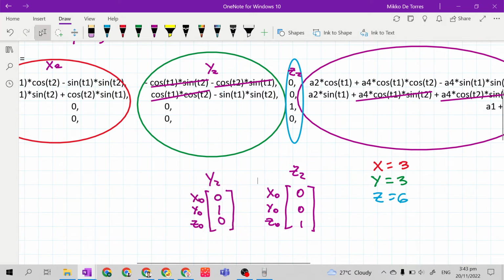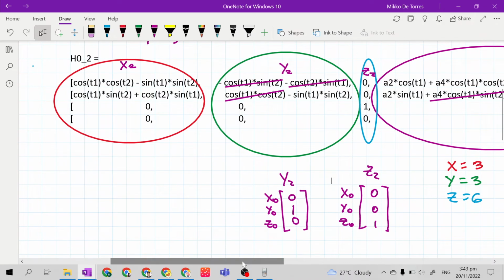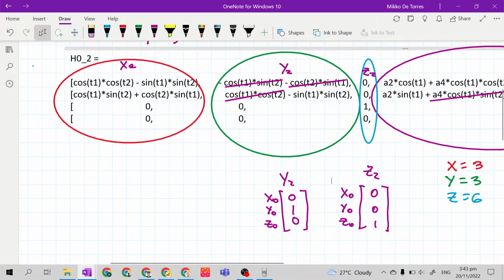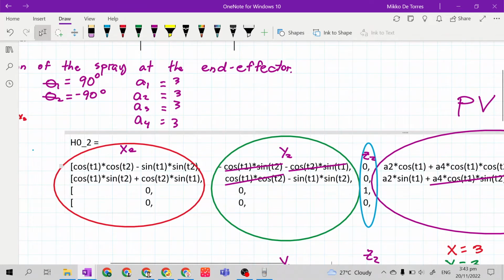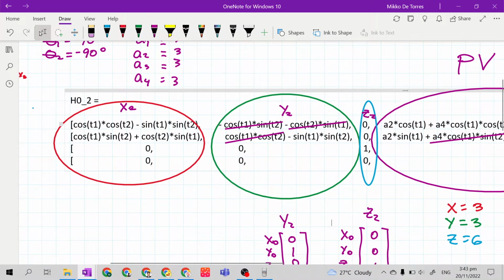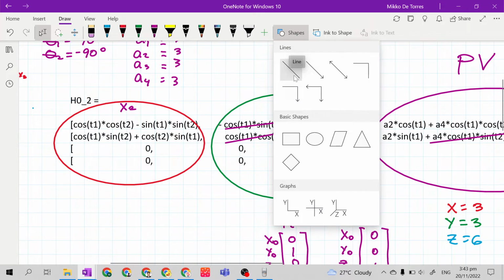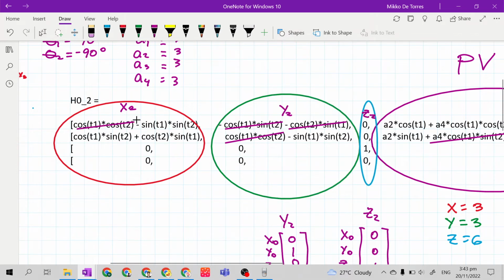Next, for x sub 2, again, we will substitute the joint variables. Cosine 90 is 0. Sine T1 is 1, sine T2 is negative 1. Again, 0 minus negative 1 is positive 1.